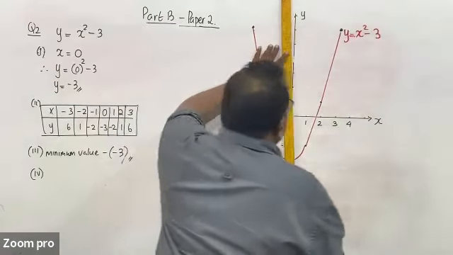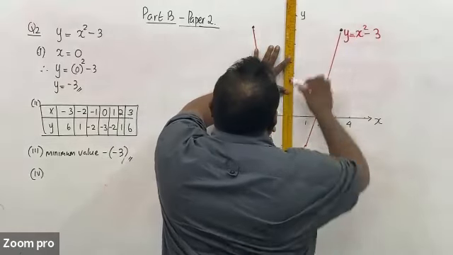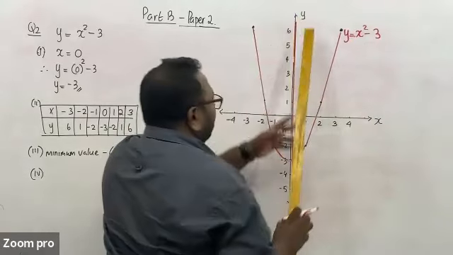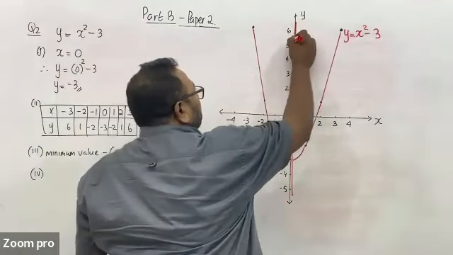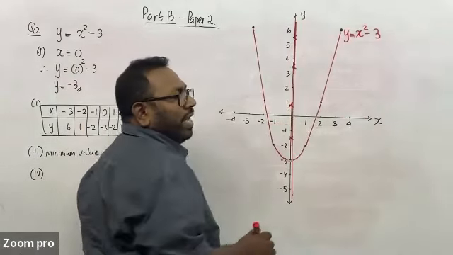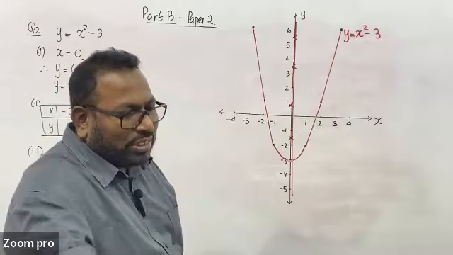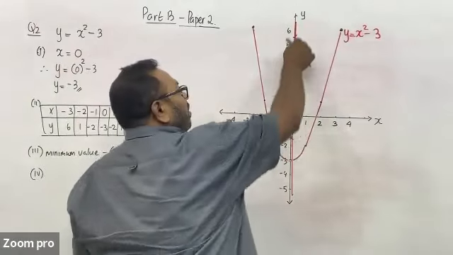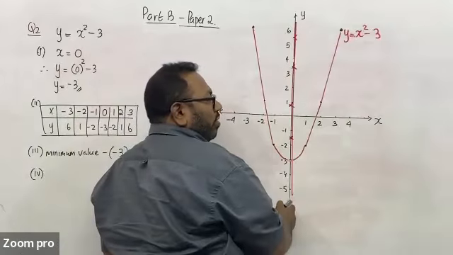So if you draw a line along the y-axis like this, any point on this line, your x value is going to be 0 because it's running parallel to your y-axis.